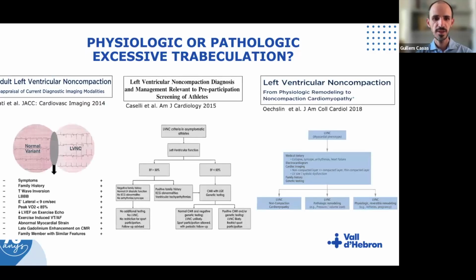Several algorithms have been proposed in the literature, which basically suggest a comprehensive patient assessment, focusing not only on the degree of hypertrabeculation, but also on symptoms, family history, ECG abnormalities, and advanced imaging parameters such as strain, late gadolinium enhancement, genetics, and so on.